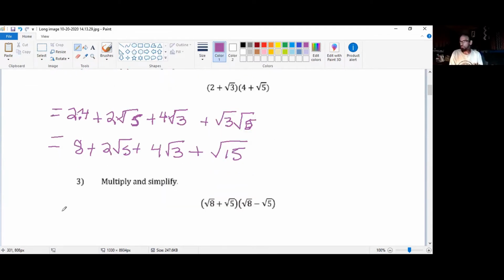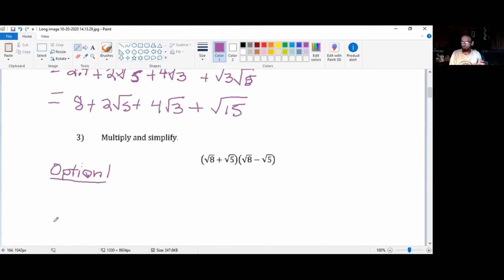This one we could view similarly. Square root of 6 times square root of 6 for the first.